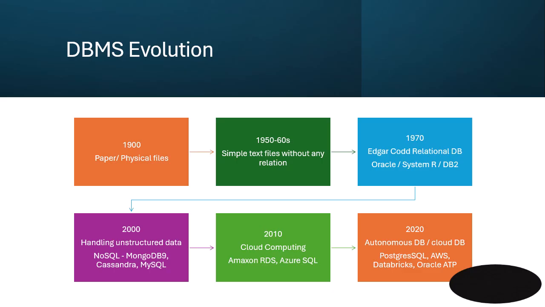A couple of examples are Oracle ATP, autonomous transaction processing, and ADW, autonomous data warehouse. Both are examples of autonomous databases. There are many; I'm just quoting Oracle's examples here.